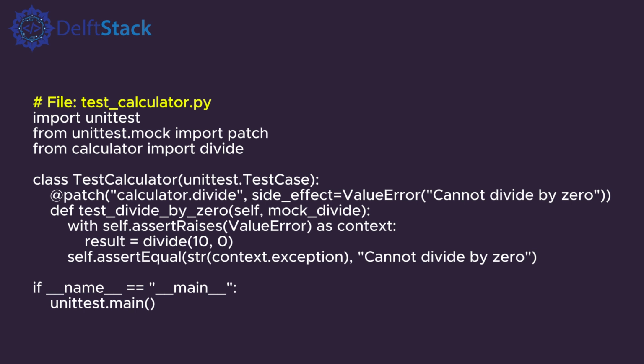The implementation here is almost identical to our first example. This approach is clean and concise. The decorator automatically applies the mock before the test runs and removes it afterward.